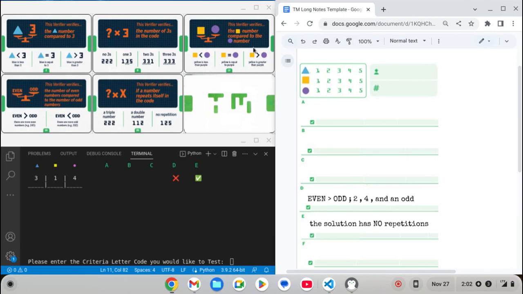Now we do have criteria card B letting us know how many 3s there are. Well, at this point, it's either there or it's not. So if it's there, fantastic, it's a 3. If not, then it would point to either a 1 or a 5 for the odd value.